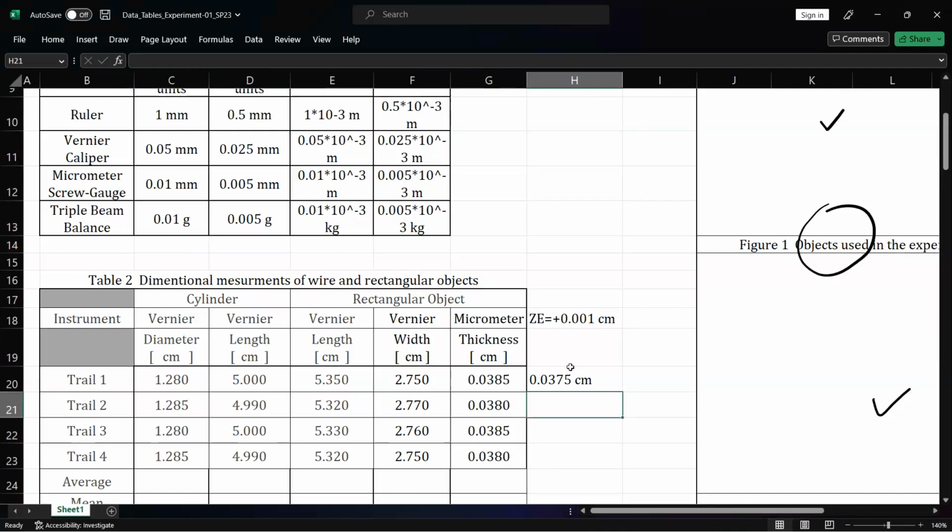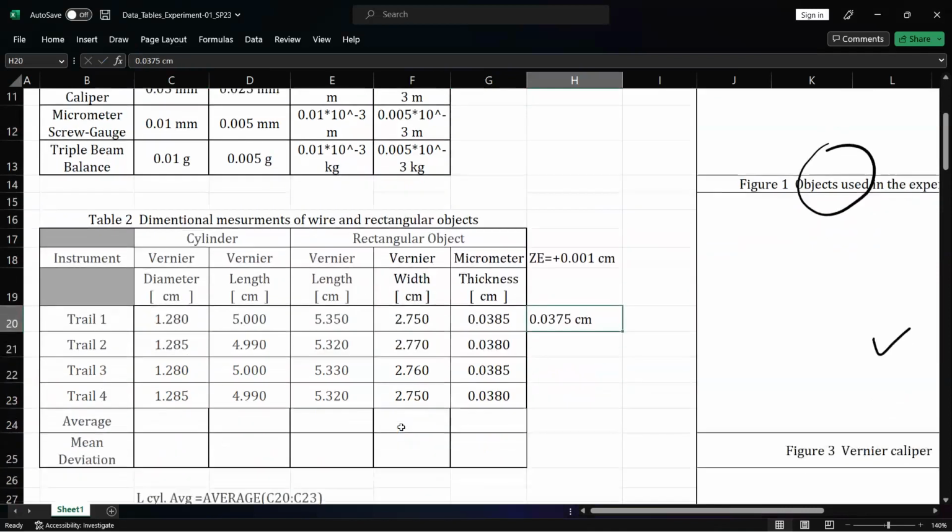Okay, then we take care of the zero error for the micrometer, and then we have all the data.